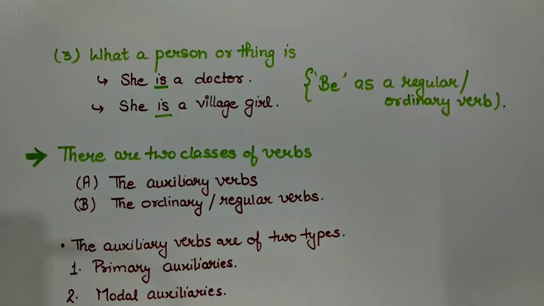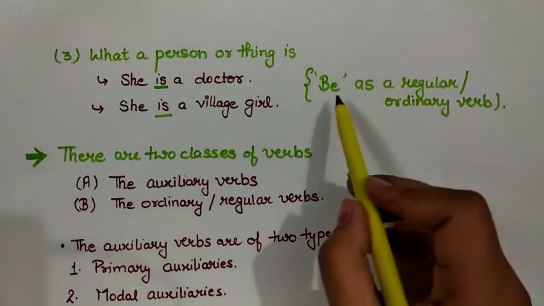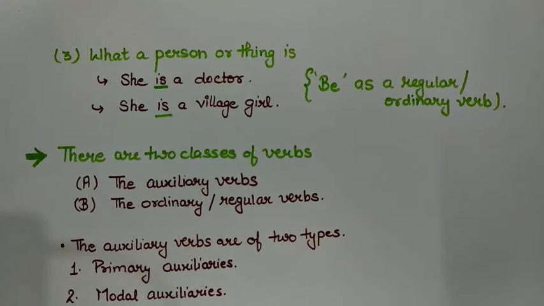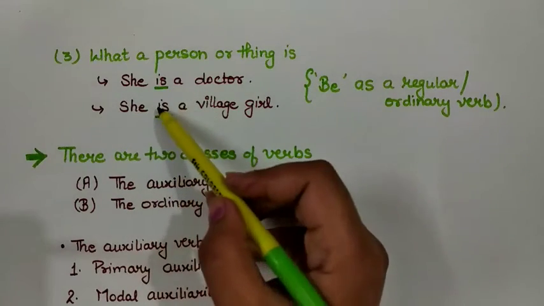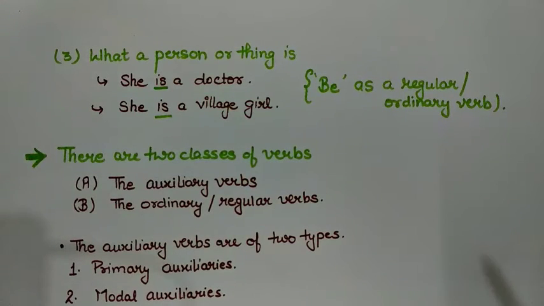Now, is is a present form of the verb be. Be is a regular or ordinary verb. So, it is not necessary that action words are always verbs. The verbs can be like is, am and are, which are not showing an action but are acting as verbs.